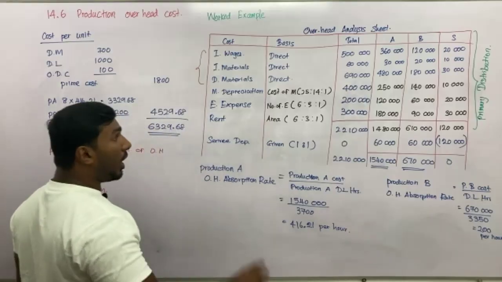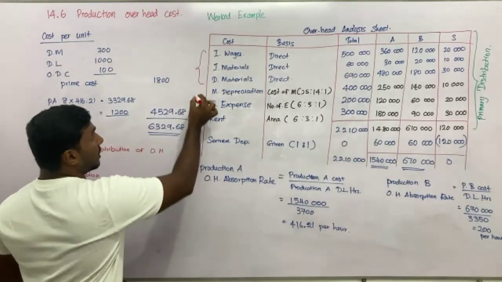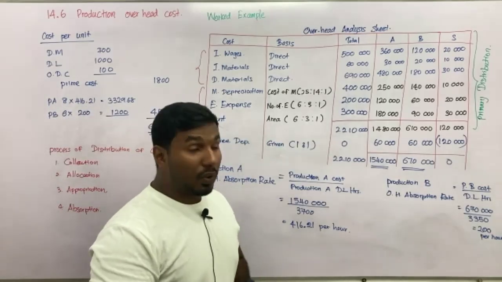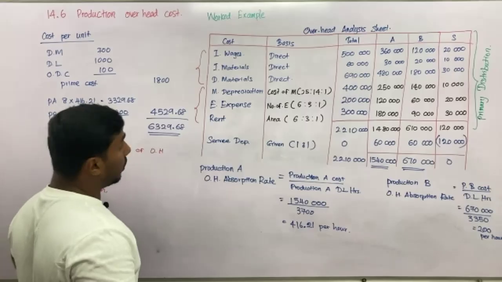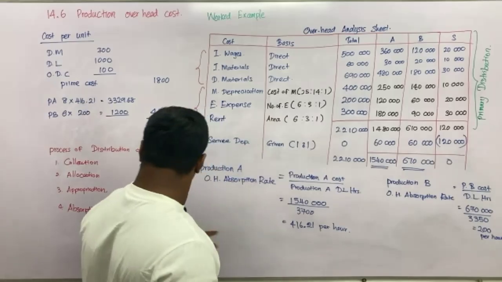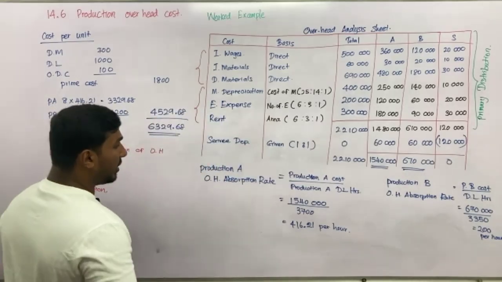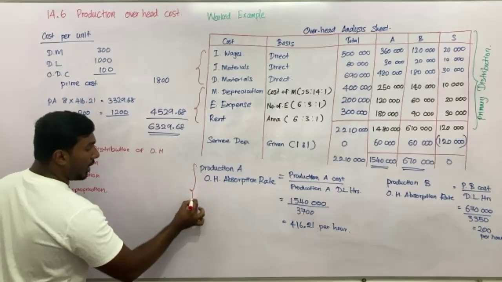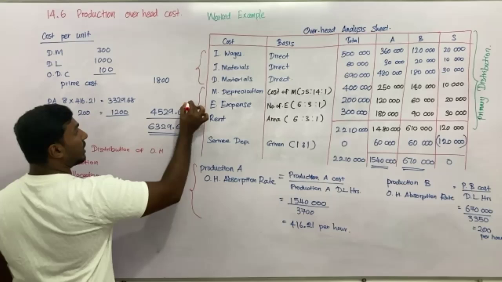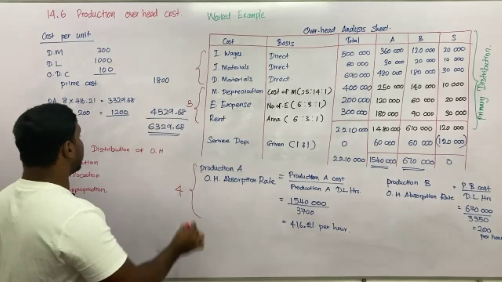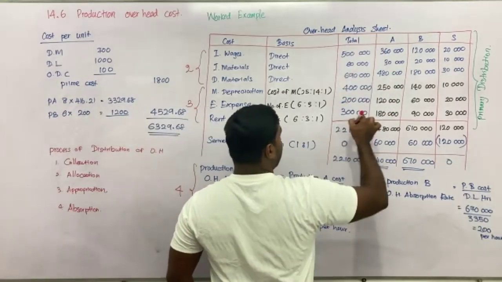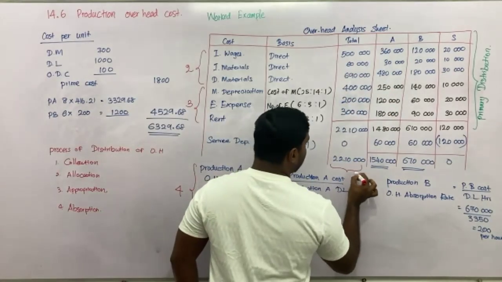But for these three expenses, we can't allocate directly. So that's why we appropriate. After that, this will be the absorption. This is appropriation, this is allocation, and this will be the collection.